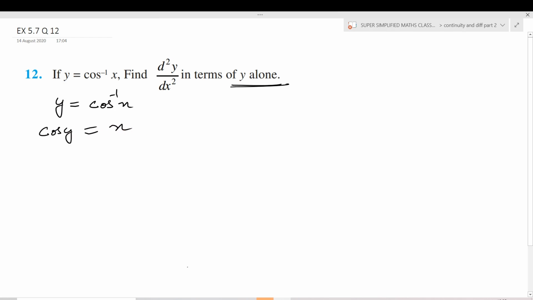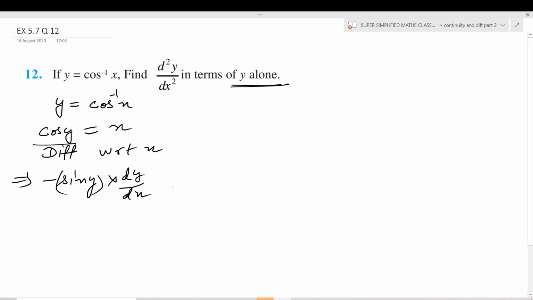Now differentiating both sides with respect to x, the derivative of cos y will be minus sin y, but cos y is a function of y and you are differentiating with respect to x. So you have to differentiate y also with respect to x, or in other simple words, you multiply by dy by dx. This is the derivative of the left hand side, and the derivative of the right hand side is 1.